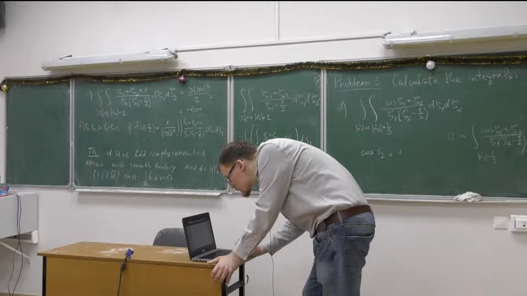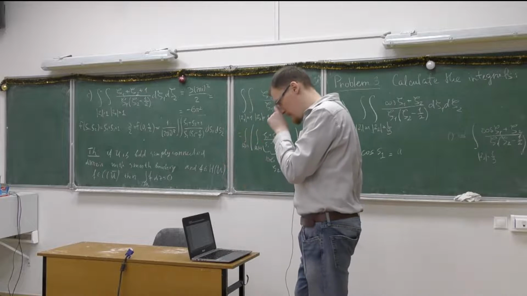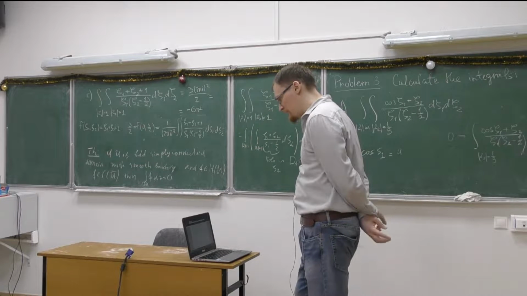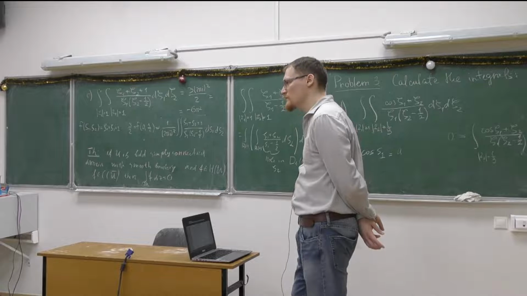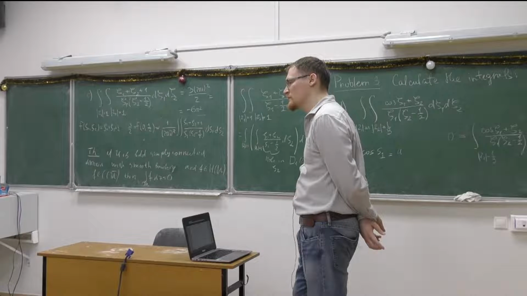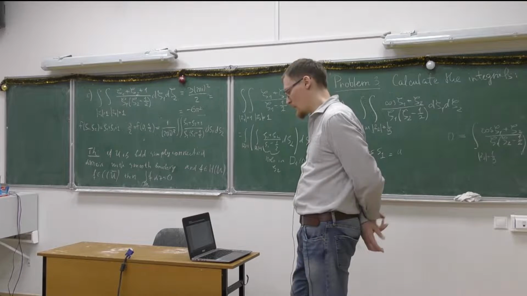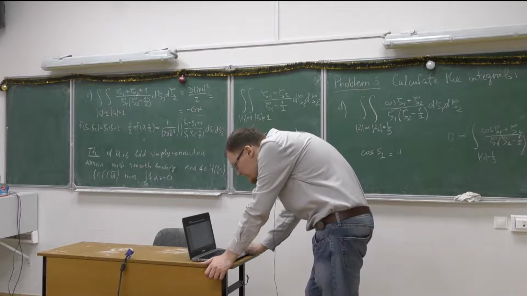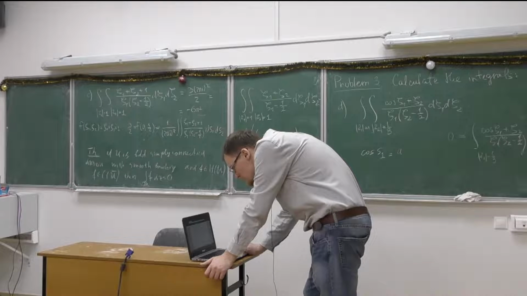The Cauchy-Hadamard formula? Is there something else than the Cauchy-Hadamard formula? Exactly, yes. There is a version of the Cauchy-Hadamard formula for Taylor series of functions of many complex variables. We know the Cauchy-Hadamard formula for one variable, right?